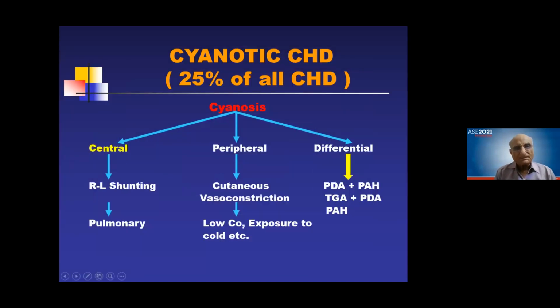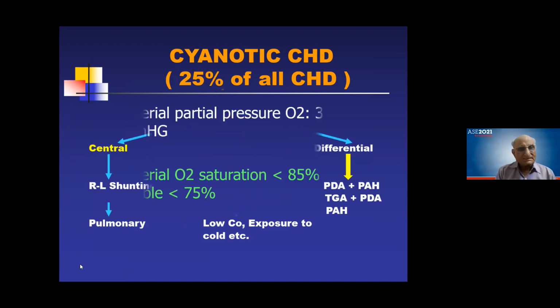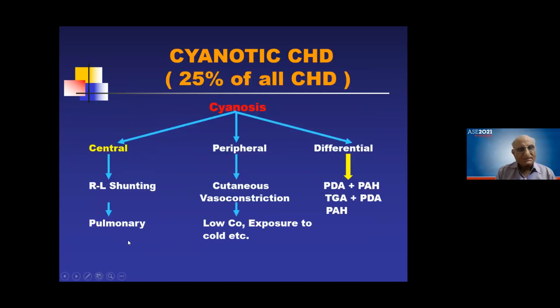Now coming to the topic properly, the cyanosis we are dealing with is usually a central cyanosis in which there is a right to left shunting, and unless there is a right to left shunting, there will not be any central cyanosis.